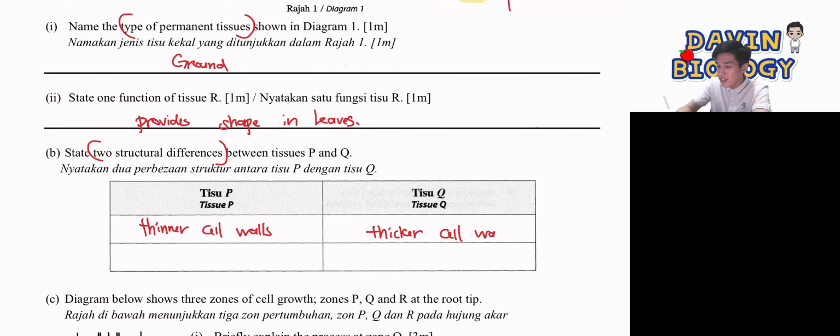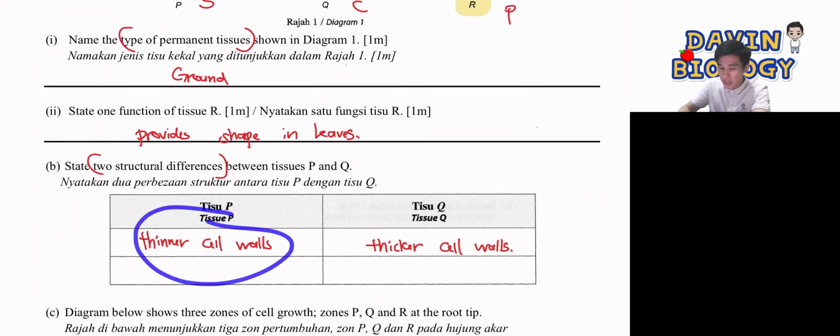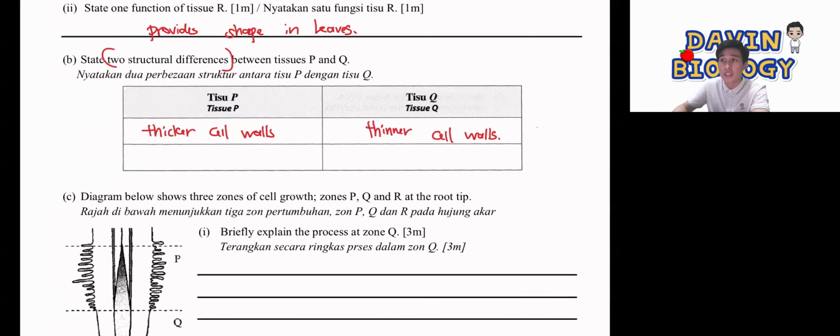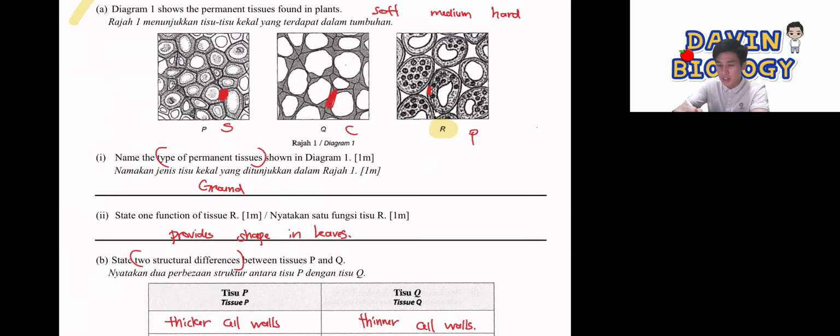Sorry, I made a mistake. P is thick, this is thin. So this one is the hardest.